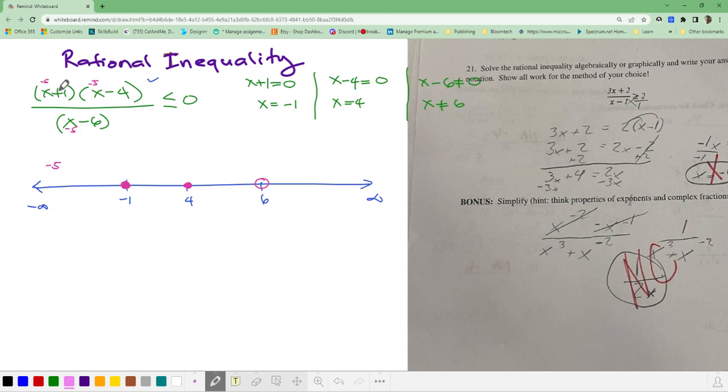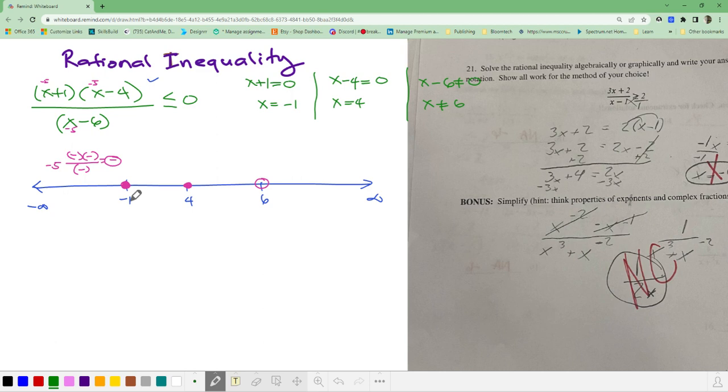Negative 5 plus 1 is negative 4, a negative number, times negative 5 minus 4, also negative, over negative 5 minus 6, also negative. Negative times negative is positive, divided by negative gives a negative number. So any value from negative infinity to negative 1 gives a negative expression.